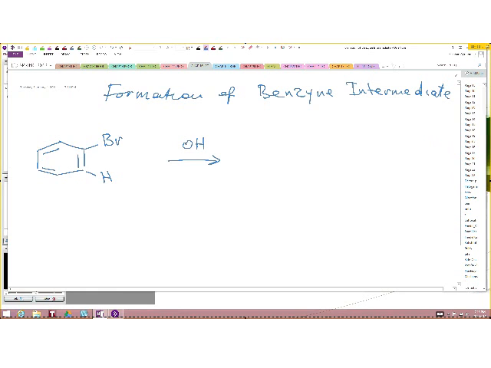Say we take hydroxide. What happens here? The hydroxide comes in, this time acting as a base, pulling off this proton here, and in so doing leaving this pair of electrons behind to form a very strange intermediate and kicking out the bromine.